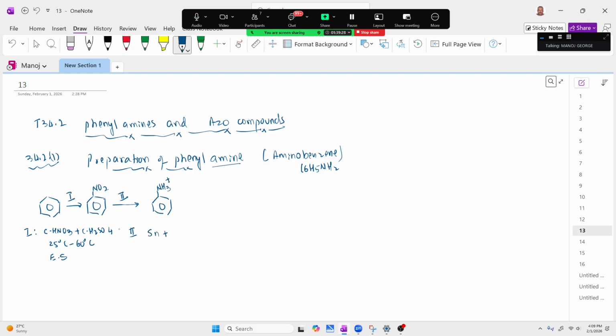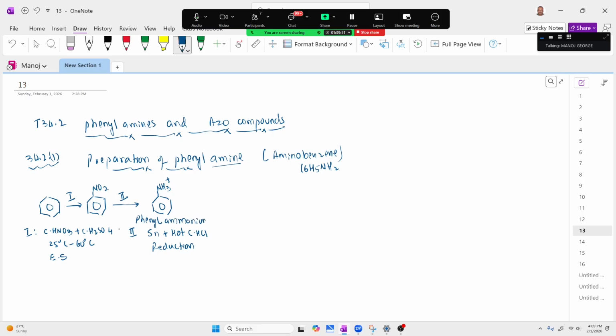Tin plus hot concentrate HCl. This is reduction, because removing oxygen is called reduction and adding hydrogen is called reduction. This is phenyl ammonium cation, correct? This is phenyl ammonium cation.